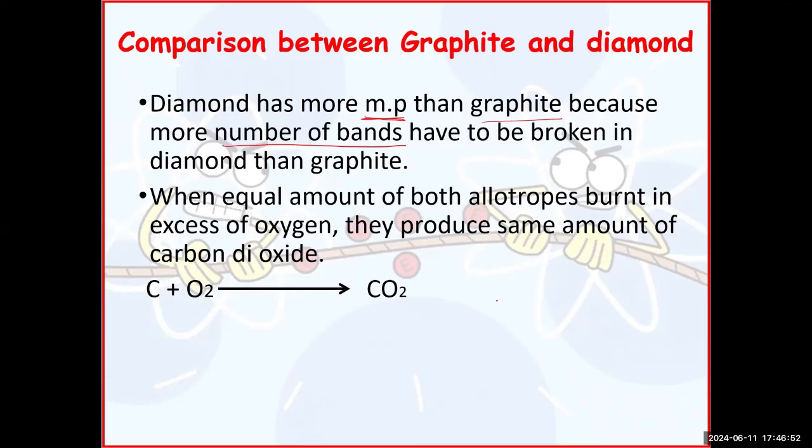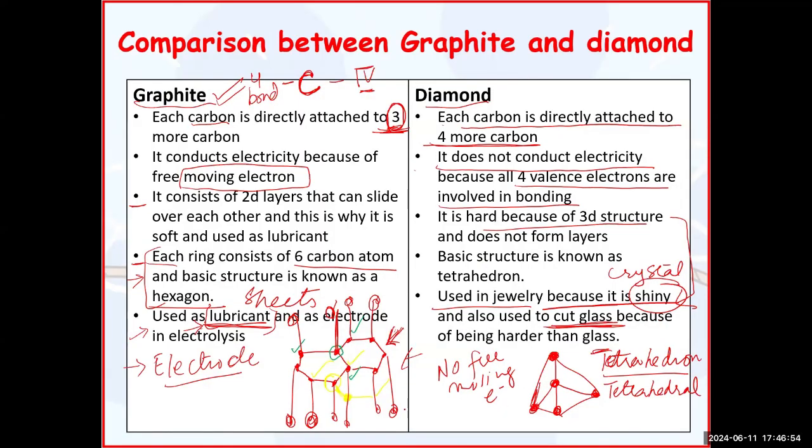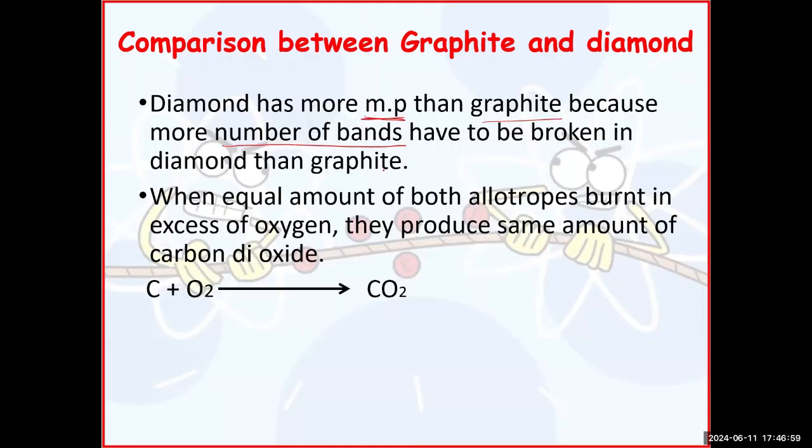With each unit there are 4 bonds, while in graphite there are 3 bonds. More bonds will need more energy to break the structure or to melt it.